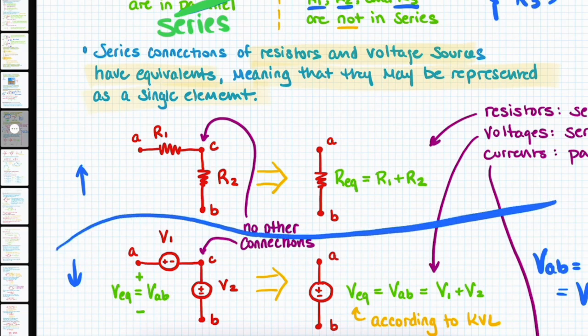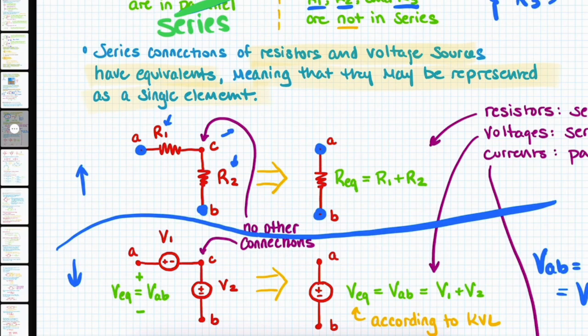All right. So what we see here are 2 resistors, R1 and R2, and they are in series. There's nothing else connected here. And therefore what we can do is we can take their endpoints A and B, which we move over here, A and B. Don't change those endpoints.